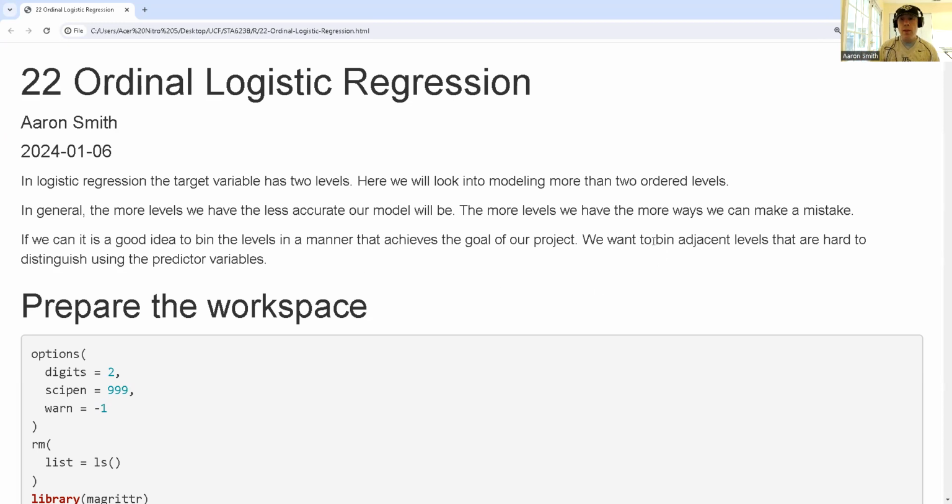So we want to bin adjacent levels that are hard to distinguish between. One time I was modeling where I had 8 levels, and it ended up that levels 1, 2, and 3 were test results, like low 1, medium 1, high 1, in Florida testing data.